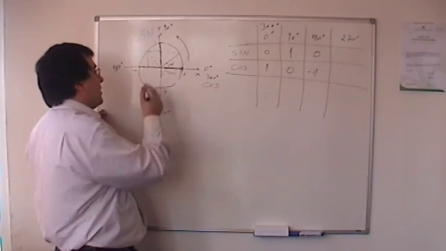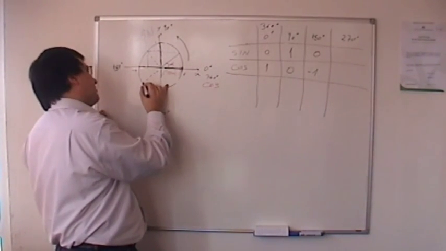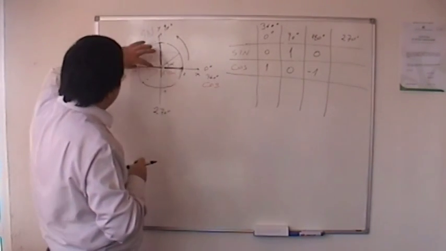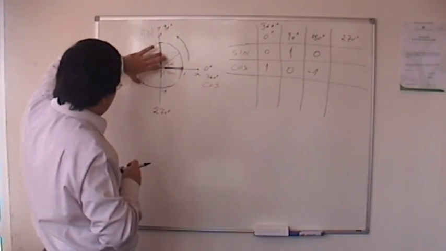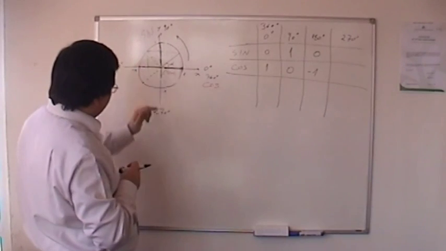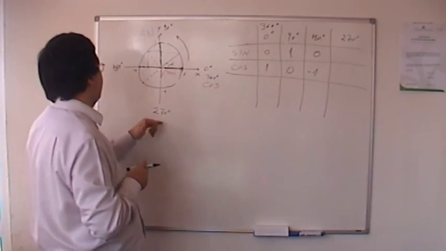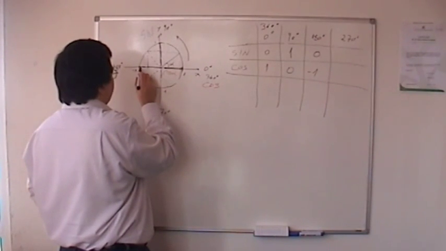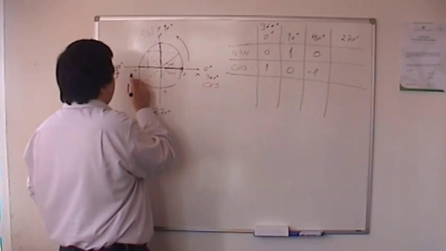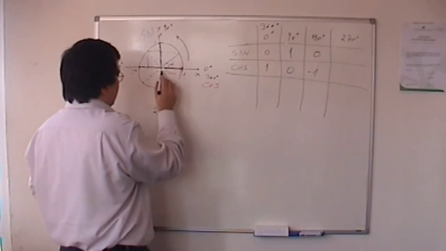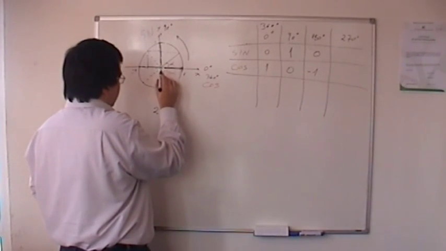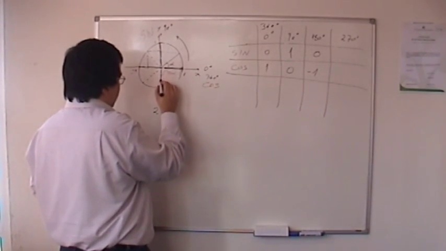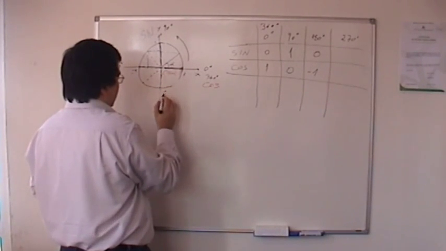Now for the third quadrant, what we will see is that while we move our angle towards 270 degrees, we will have the projection of the cosine increasing from -1 to 0 and the projection of the sine decreasing towards -1.